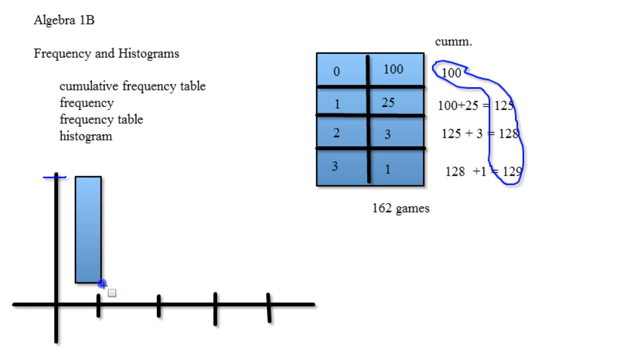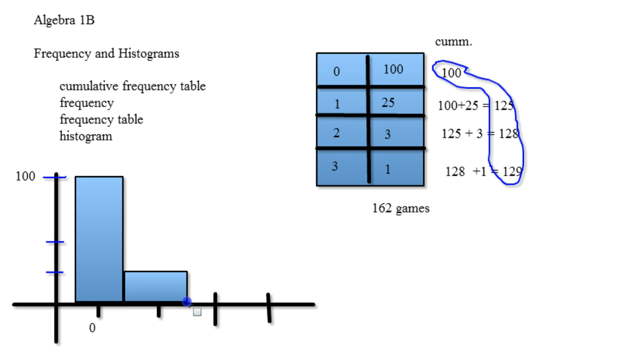Let's say that was 100, so 100 games they had 0 home runs, which isn't half bad. Let's say this was the 50 mark, and then this was the 25 mark, and that would be 1 home run in 25 games.